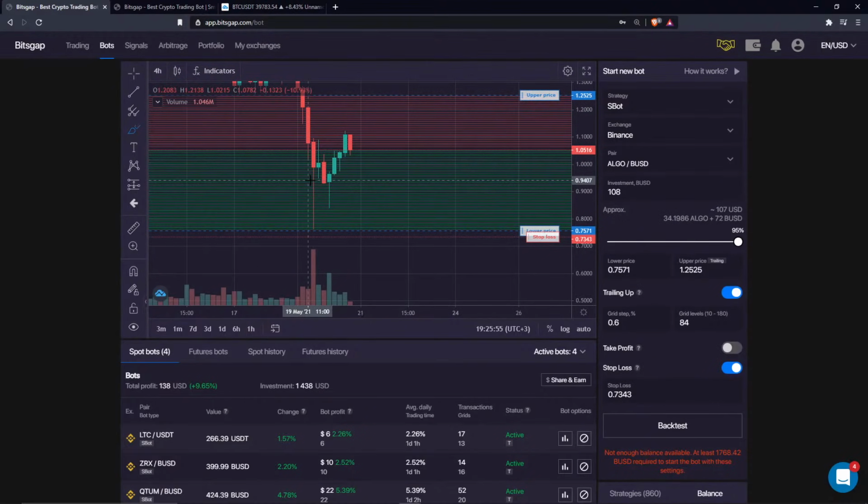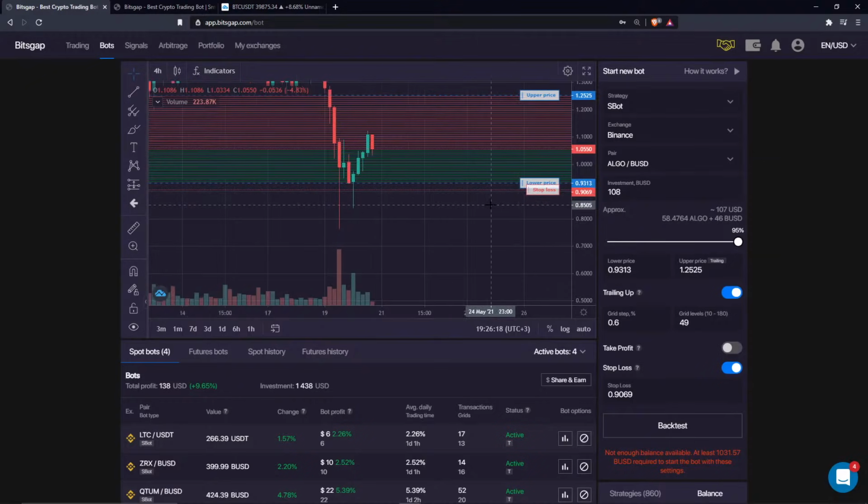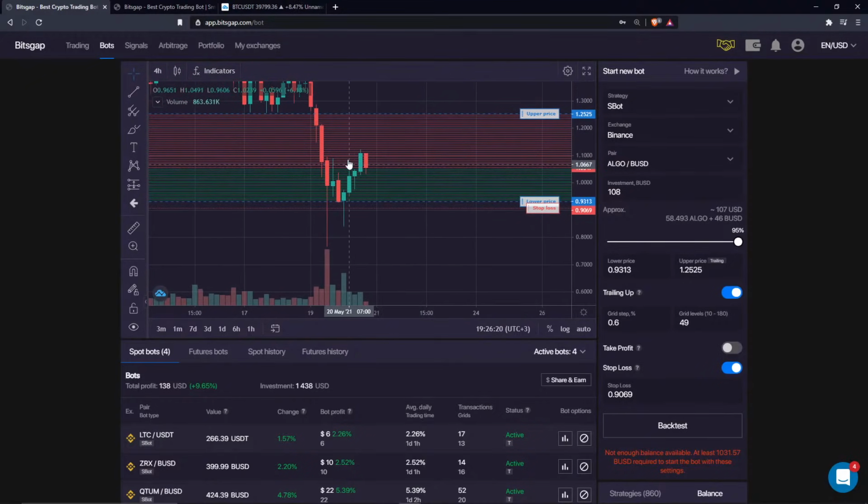So that means you would not consider this as a support, but rather as the local support. That's why you would set your lower price around this area, and you would set your stop loss over here. Okay, so that's the thing, to reduce your risk exposure as well if you are trading based on the bodies of the candles on the chart.